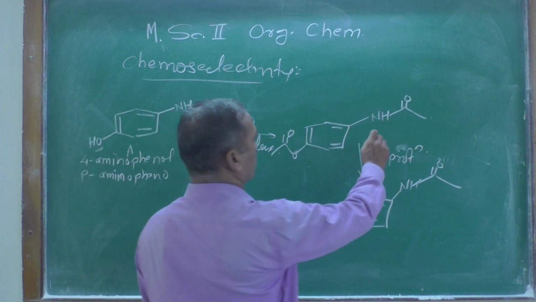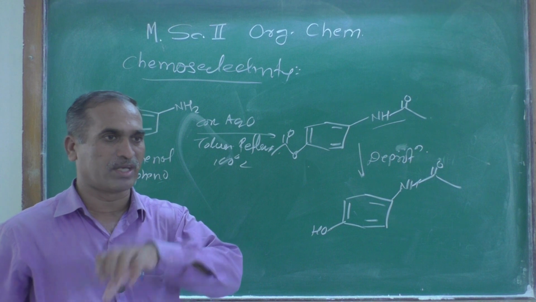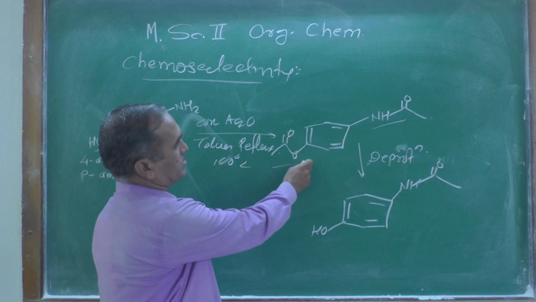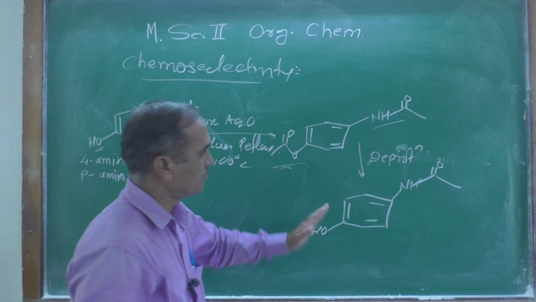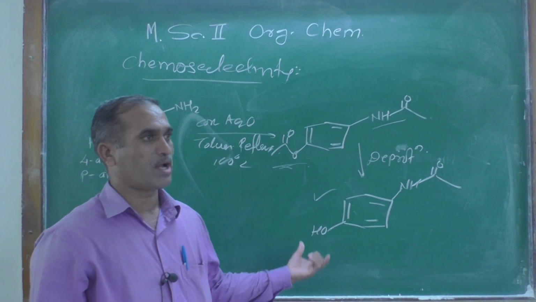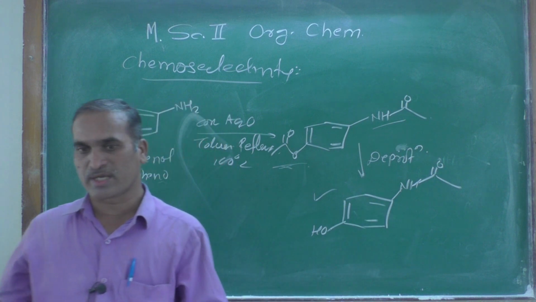Because this is the amide group. The amide group requires a very vigorous reaction for deprotection, but this one in an acidic medium can be easily cleaved, and we will get the desired product, that is para-acetamol, which can be used as a medicine.